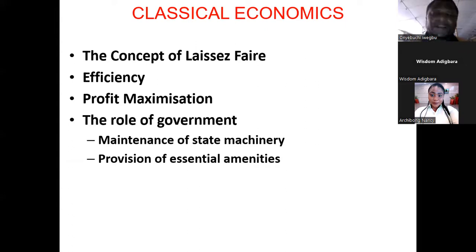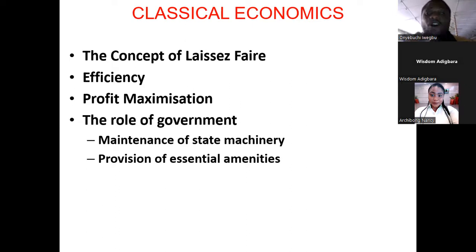Of course, you remember that you calculate efficiency as output over input. So that means, can we use the minimum number of inputs in order to produce a massive output? That is the capitalism. Take, for example, when PHCN was NEPA, we had different staff.